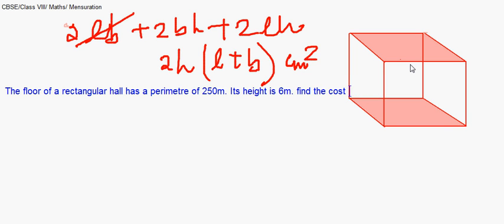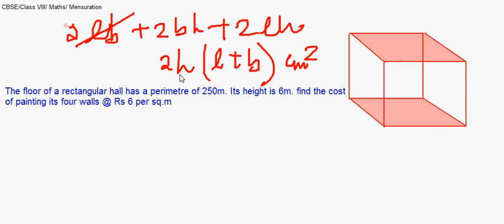Sorry, that figure is kind of overlapped. Painting its 4 walls, that includes the doors if at all, at the rate of rupees 6 per square meter. We already have written the formula on the top.